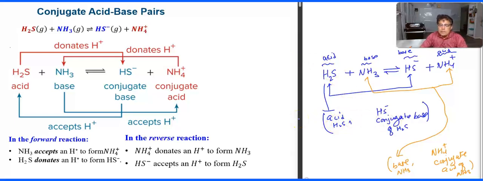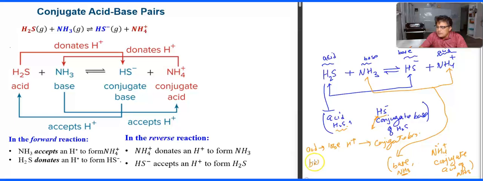Now NH3 accepts H plus and becomes NH4 plus, and HS minus accepts H plus and becomes H2S. That's why these are conjugate acid-base pairs. Look at H2S and HS minus: one H is missing here. It has two H, and here it has one H. In base NH3, one H is added. So if an acid loses H plus, it becomes the conjugate base.